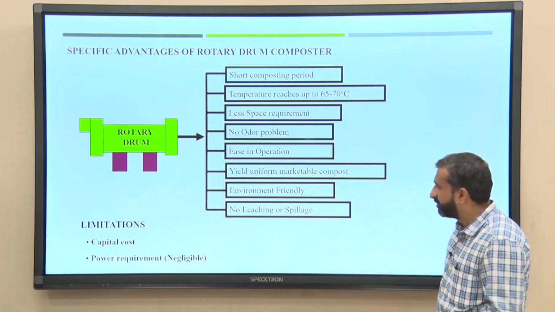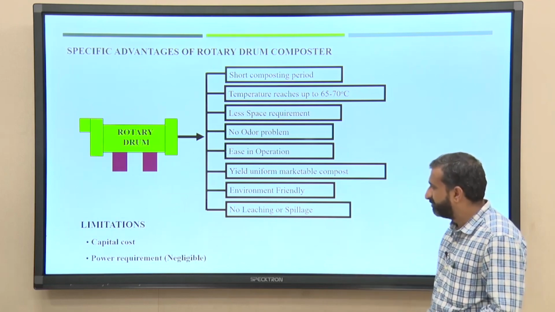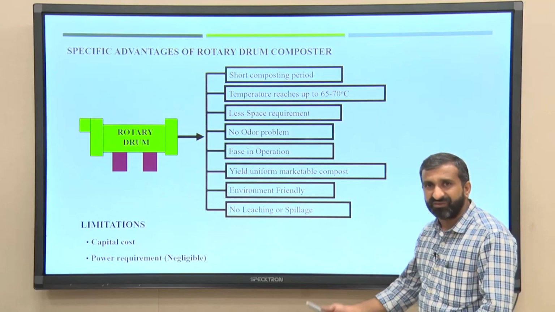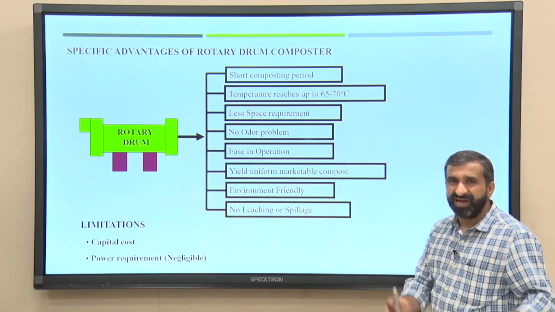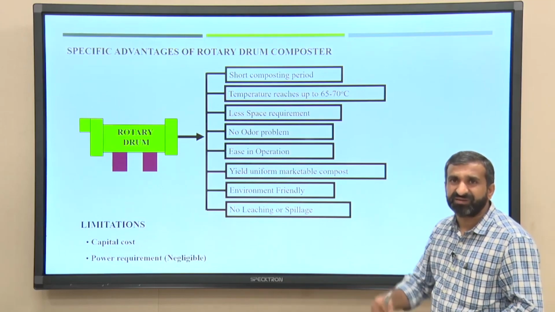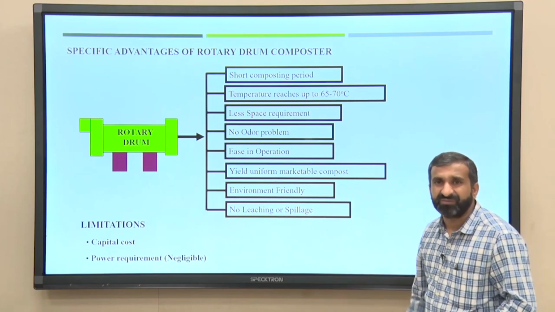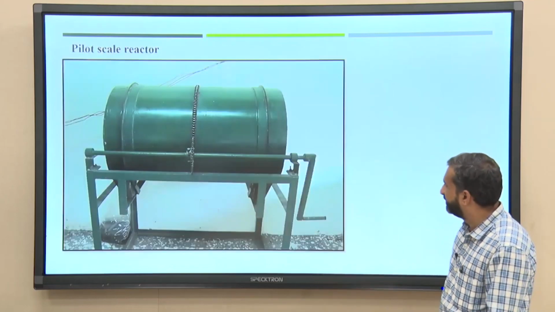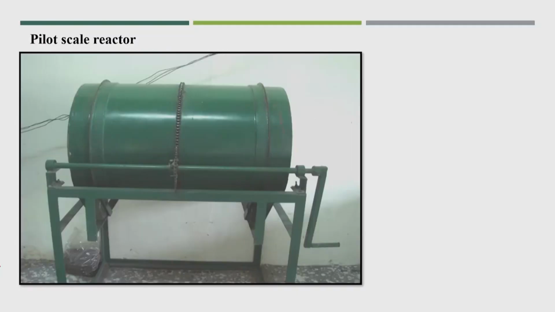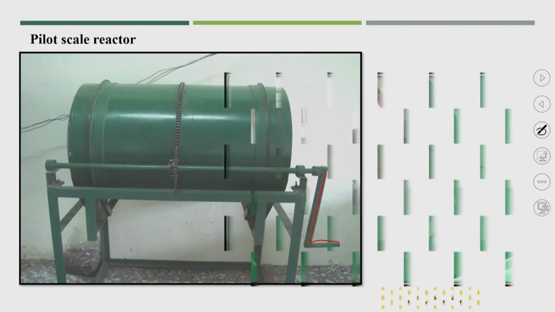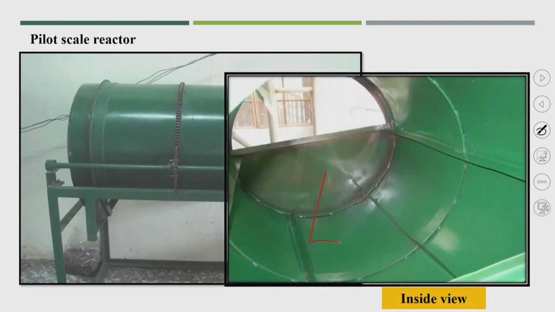So, the capital cost will be high, and power is also required for the rotation, but in the batch mode you do not require power, while in the fed batch mode we require power, but that is also negligible. So, it is a pilot scale reactor. You can see this is the way we can turn the reactor.